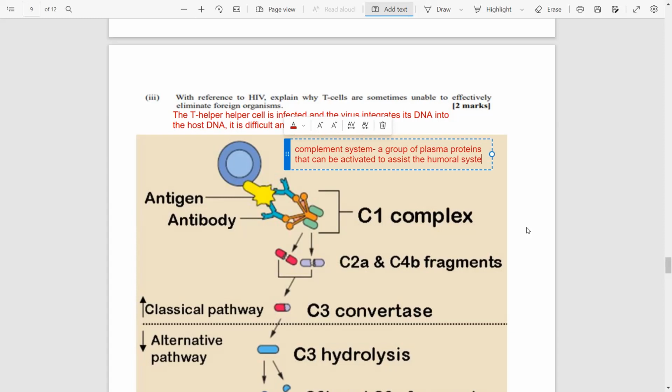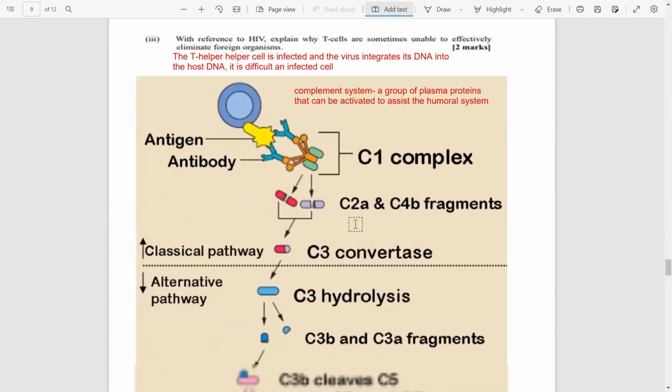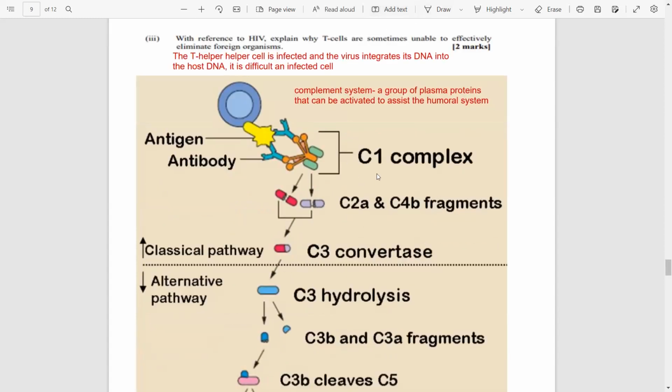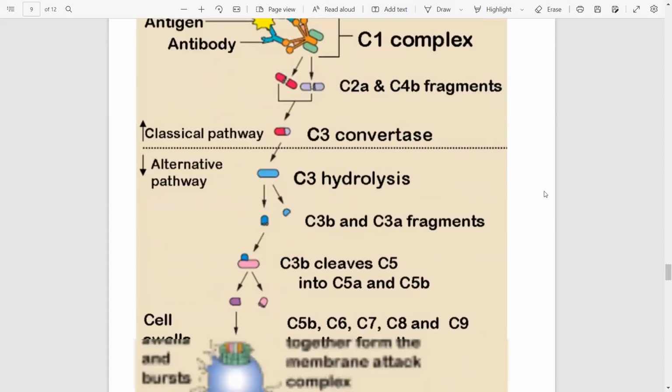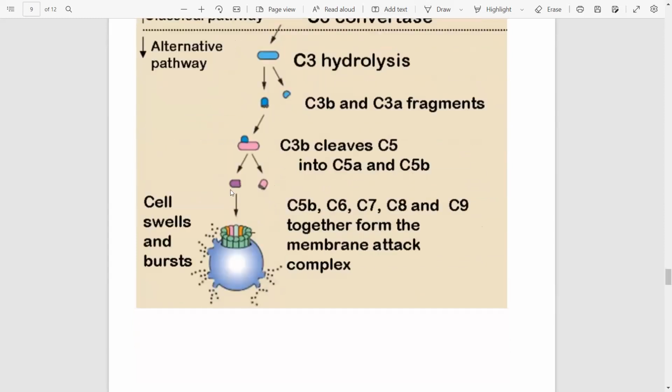So we have so many lines of defense to destroy pathogens. So you have some proteins in your blood, right? Now, if something triggers off the proteins, there's a bunch of proteins. So one protein activates the next one, that activates the next one, that activates the next one. But at the end of the day, the proteins can come together and form a membrane attack complex. So it can destroy a cell by inserting this complex in the membrane.